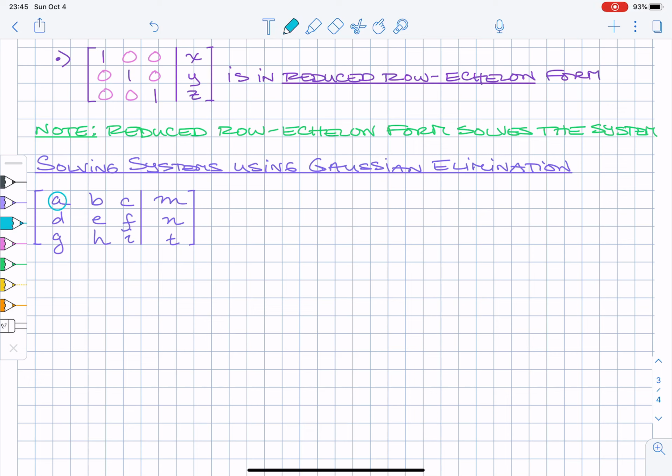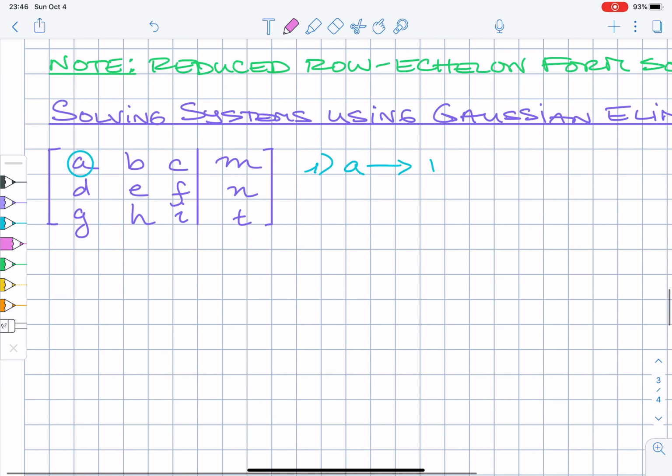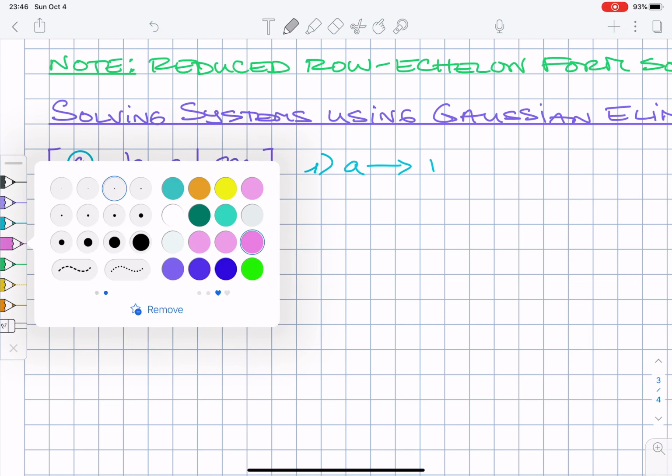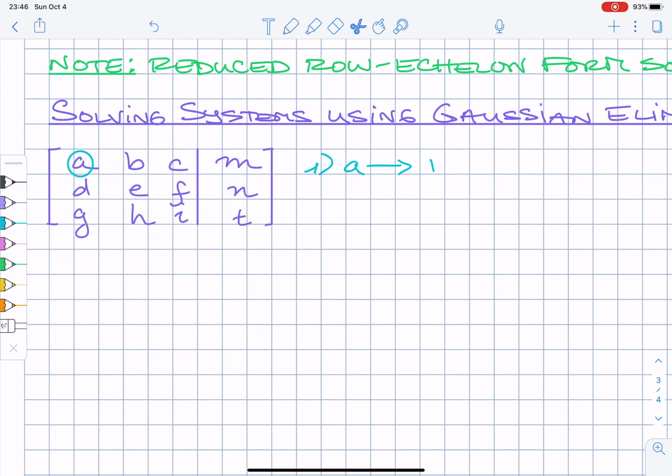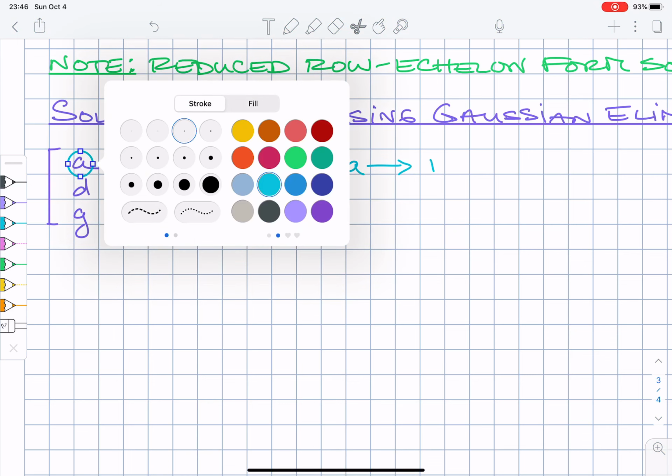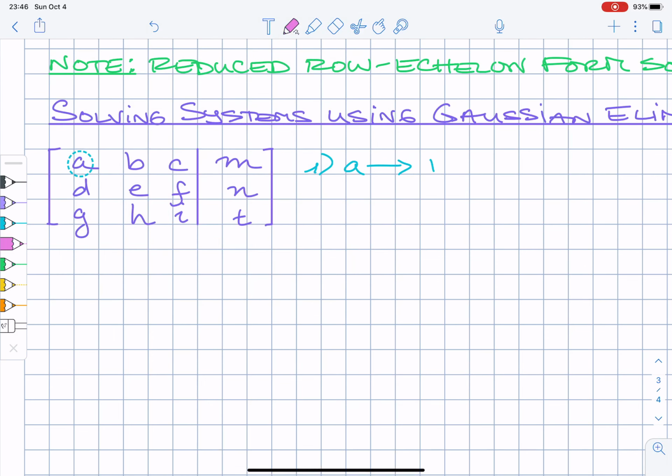Okay, so step 1. We want A to go to 1. That's our goal. Step 2, which I could have done this in, let me do that. What I'm going to do is make this dashed. Nope, it's not auto-correcting for me anymore.